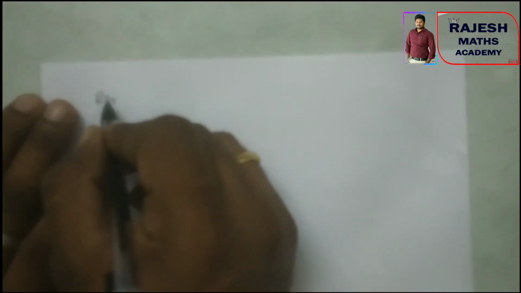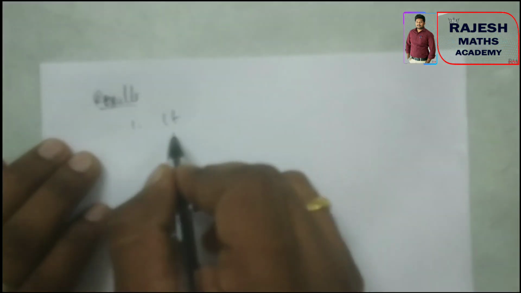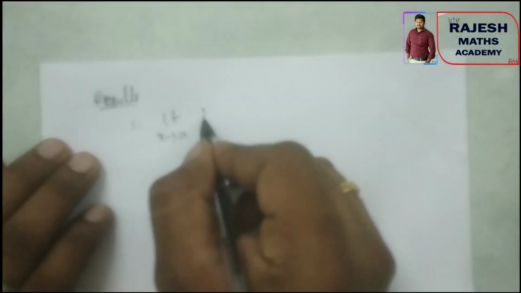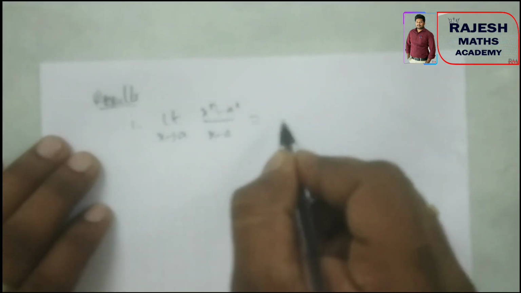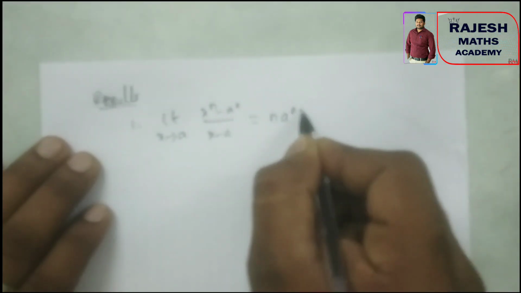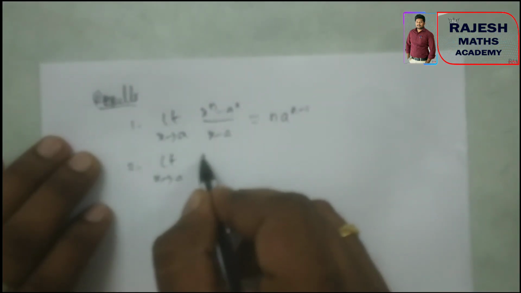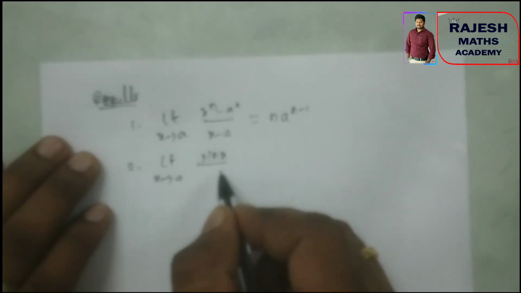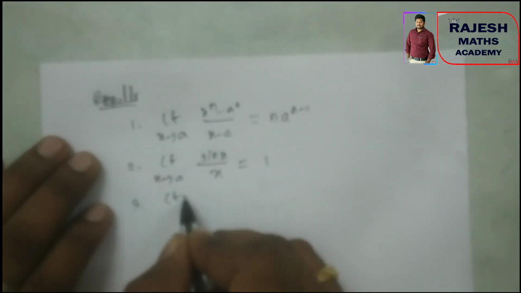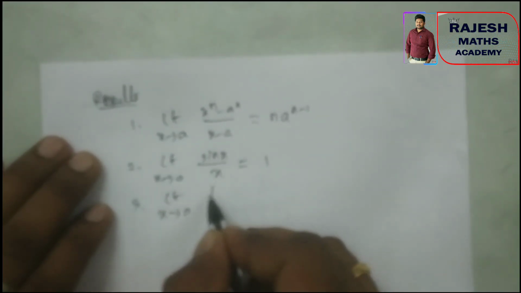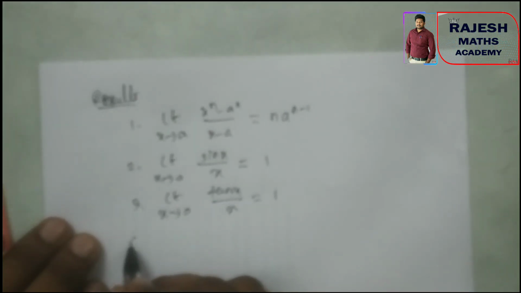So results. First point, limit x tends to a, x power n minus a power n by x minus a equal to n into a power n minus 1. Second one, limit x tends to 0, sin x by x equal to 1. Third one, limit x tends to 0, tan x by x equal to 1.